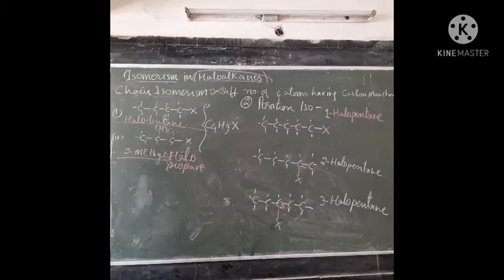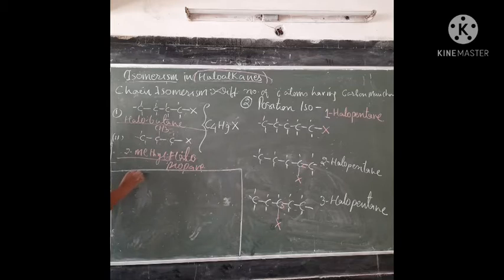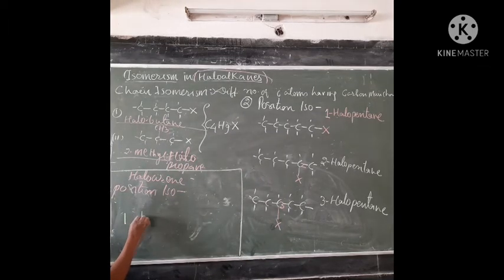In case of haloarenes, again position isomerism is shown. How is it? Say one compound where X is present here and the next X is present here.